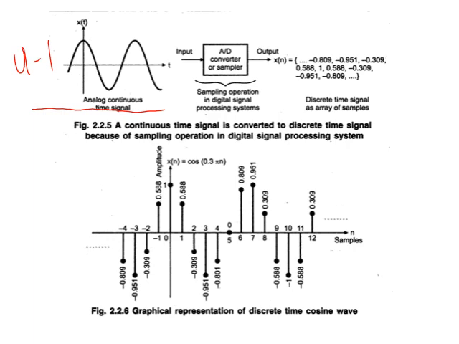Now if it is applied to an A to D converter, that is analog to digital converter, then we will get the discrete time signal. And what is the difference between continuous time signal and discrete time signal? It is shown in this diagram.